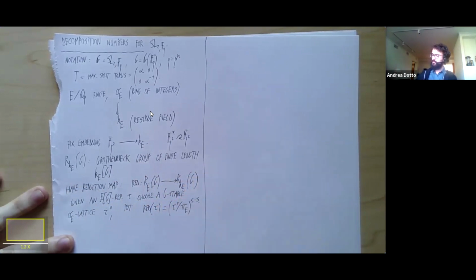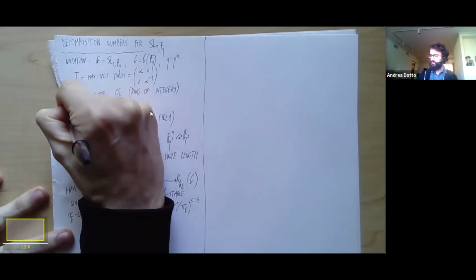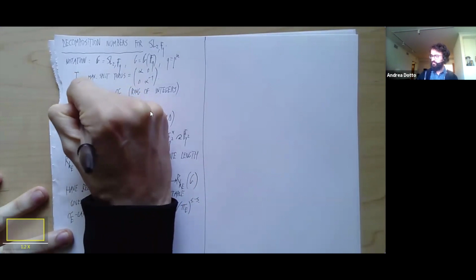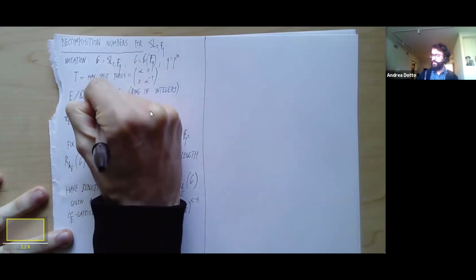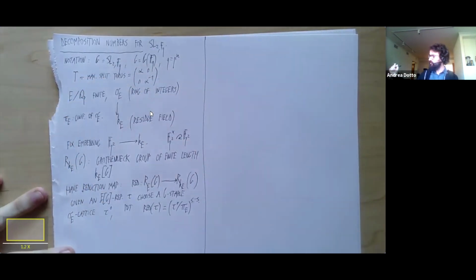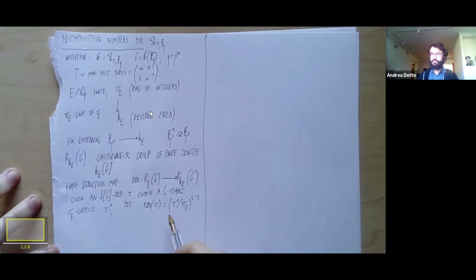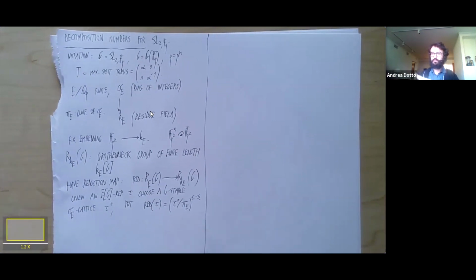So two things to say. Here I should have said before that pi_E is going to be a uniformizer. It doesn't really matter which one in this talk. Here, of course, this representation is going to depend on which lattice you choose, and this is important in several contexts. But right now, we just take the semi-simplification, and then it's a theorem of Brauer and Nesbitt that it is well defined.